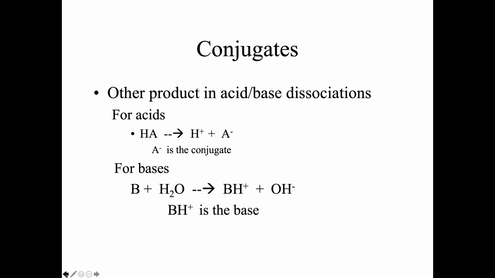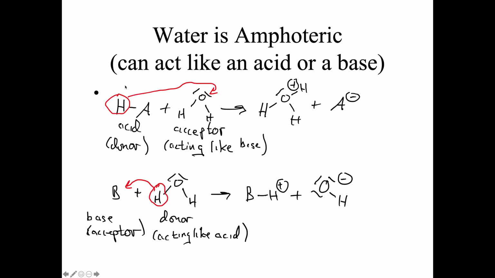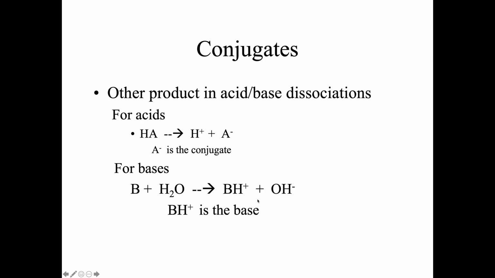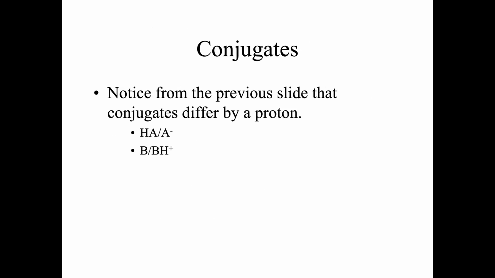So if you back up two slides here, here's the acid, water, hydronium ion, the H3O plus, and the conjugate. Here's the base, water, hydroxide, and the conjugate. I'll fix that. That's the conjugate of the base. So if you look back, they always differ by a proton.